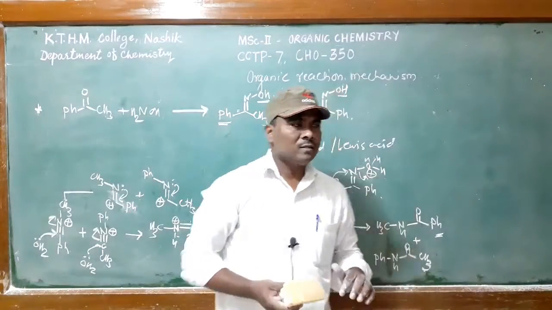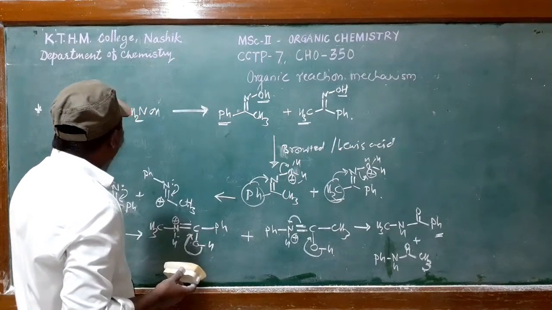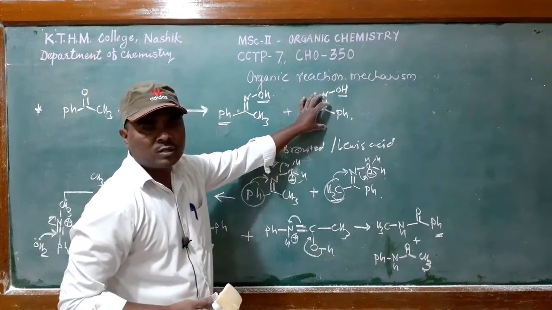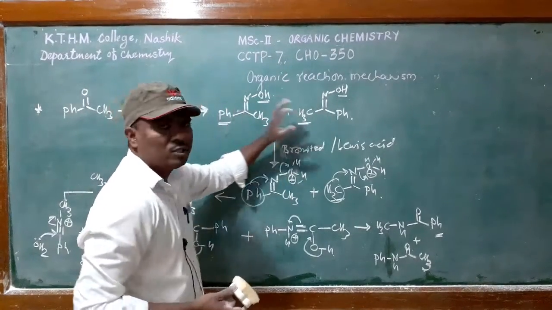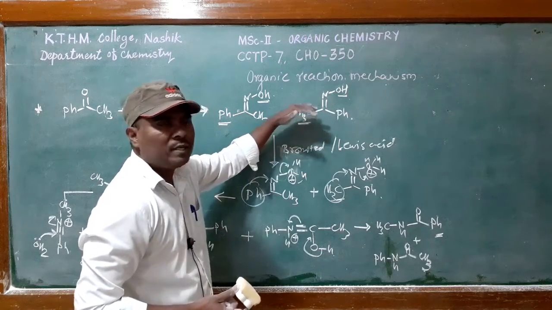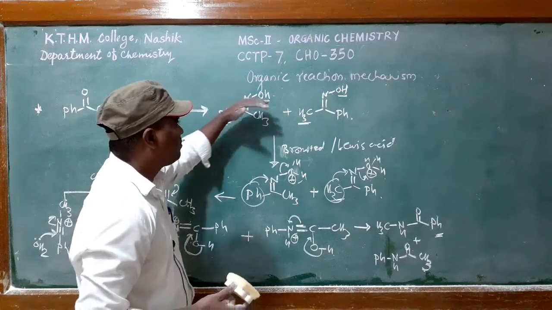What is the point? This addition product will deliver this oxime product. There is a possibility to get two oximes. In one case, methyl will be anti-periplanar to the OH. In one case, phenyl will be anti-periplanar to this OH.